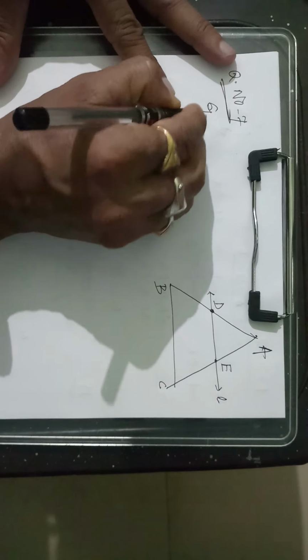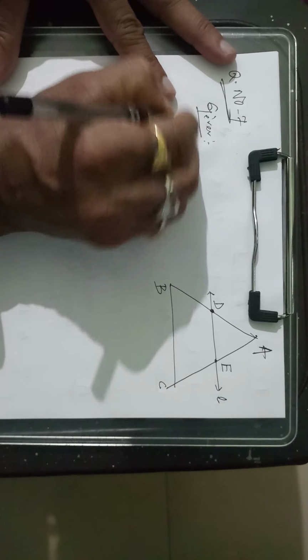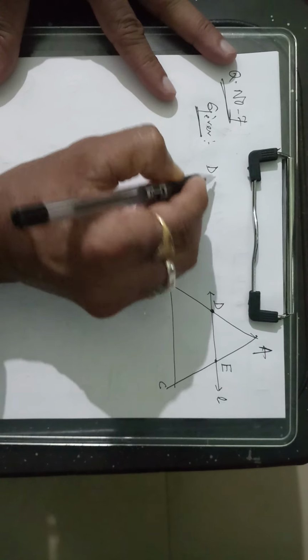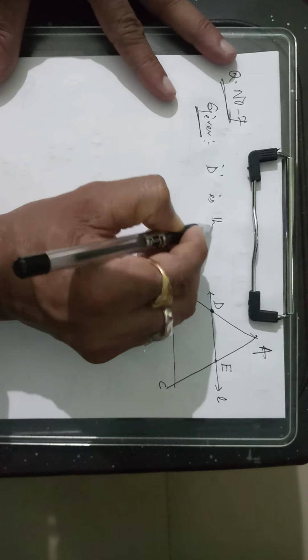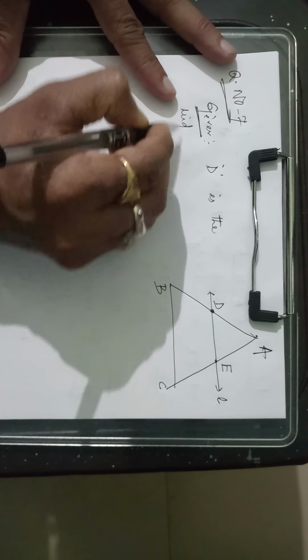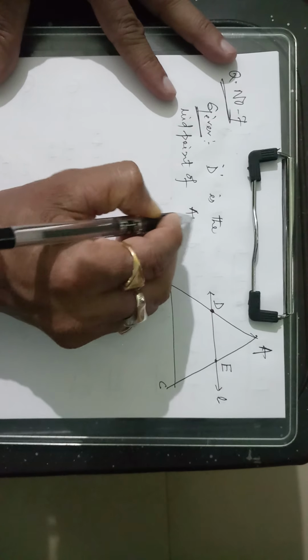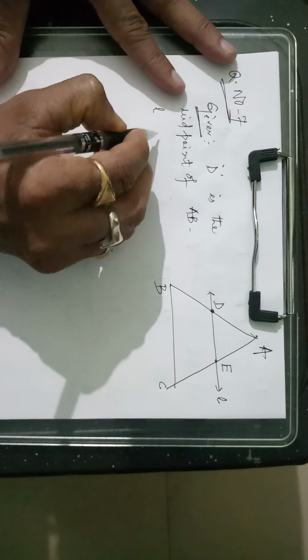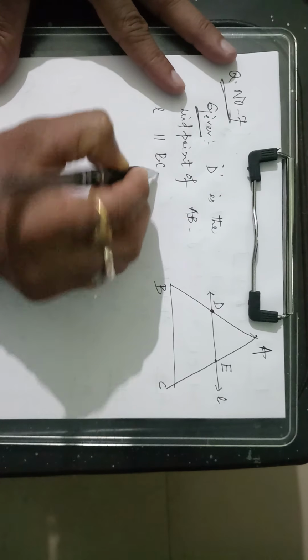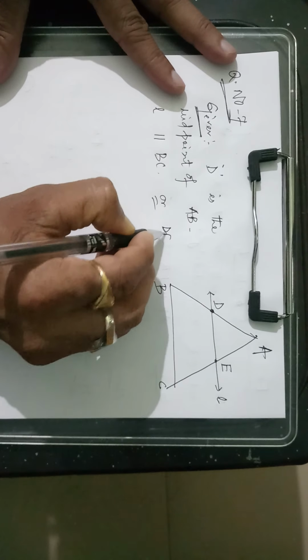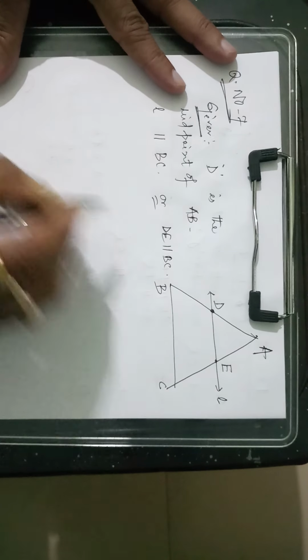Very interesting. So given is what? D is the midpoint of AB and line L is parallel to BC, or you can write DE parallel to BC.